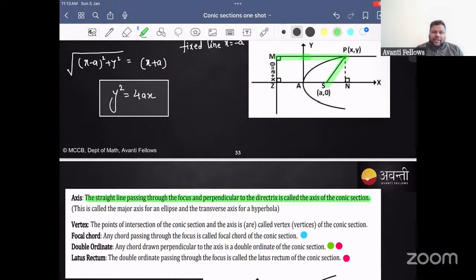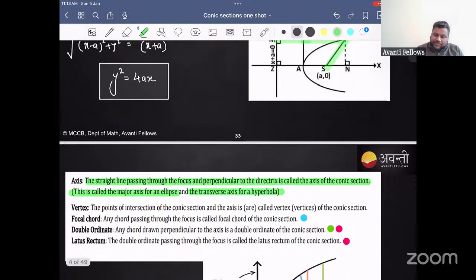Got it? This is also called the major axis in an ellipse and the transverse axis in a hyperbola. So a straight line which passes through the focus and is perpendicular to the directrix is called the axis of the conic or axis of symmetry of the parabola.